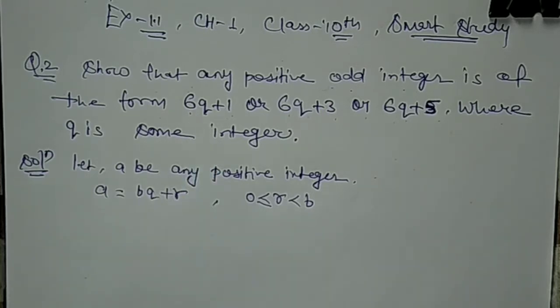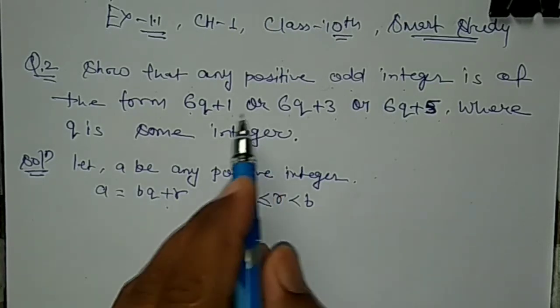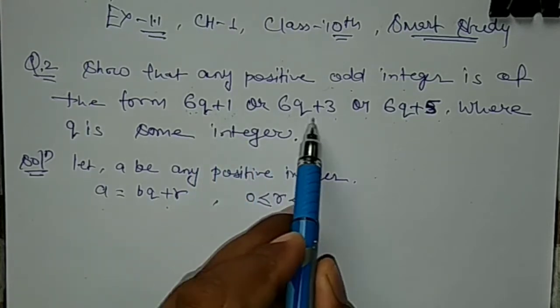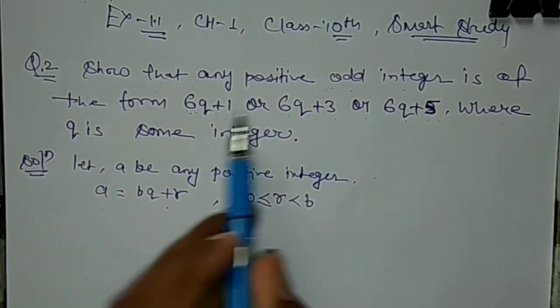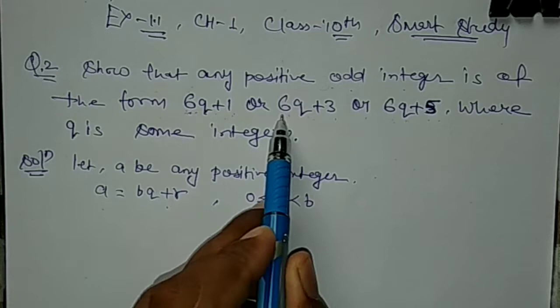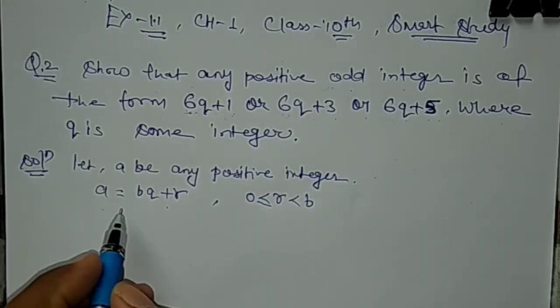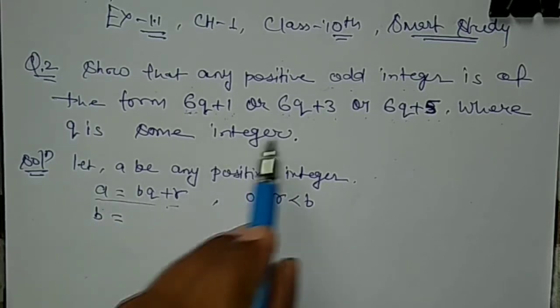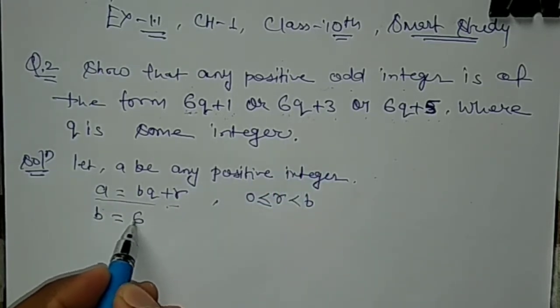We have to compare this equation with what is already given: 6q plus 1, 6q plus 3 and 6q plus 5. So here b is 6. I am writing here b is 6. On comparing both equations, b is 6.